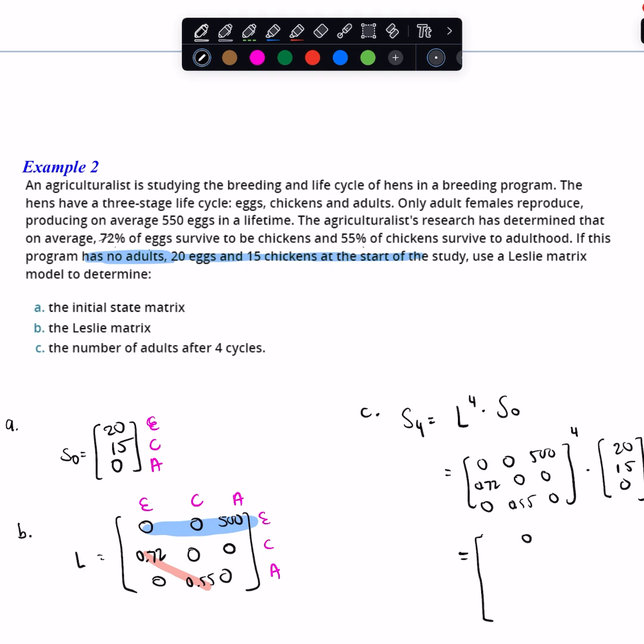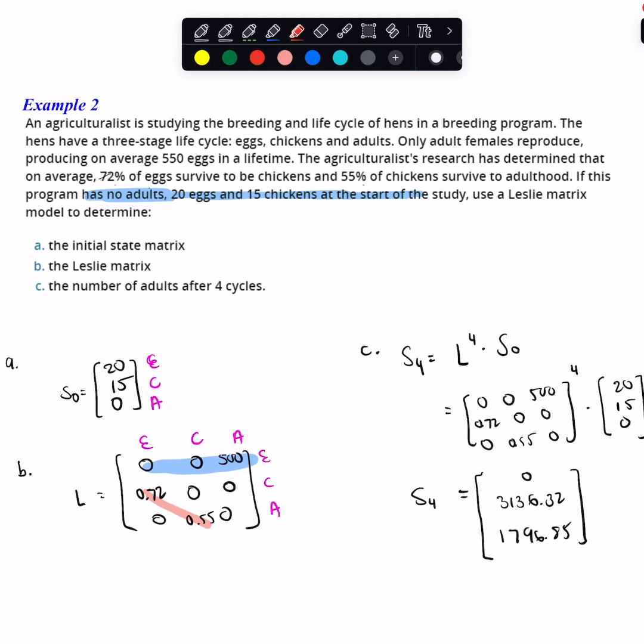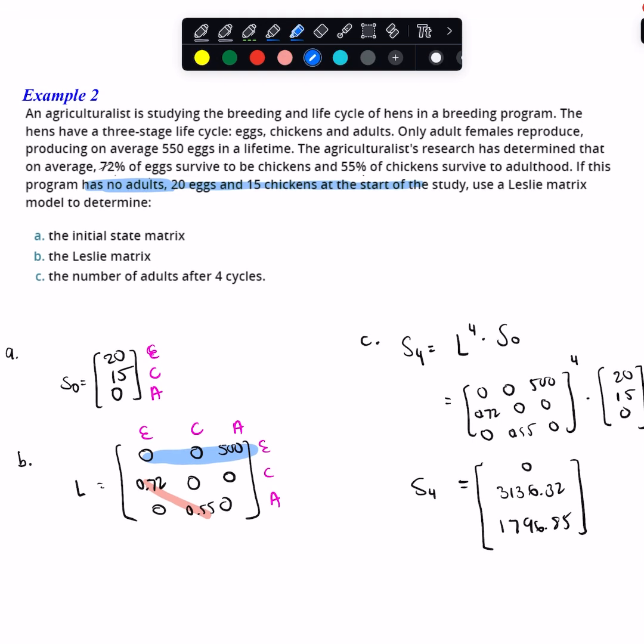When you do it in your calculator, after 4 years it is 0, 3136.32, and 1796.85. Now, which ones are the adults? Well, the adults are these ones.